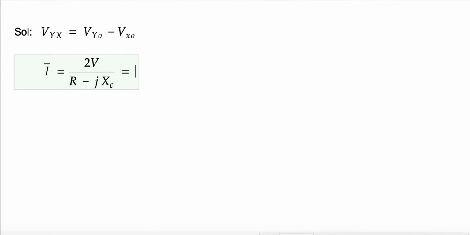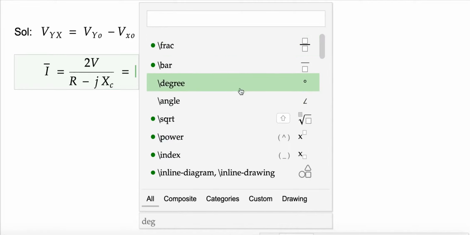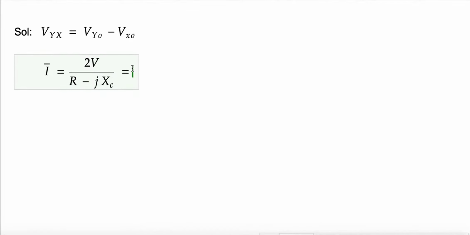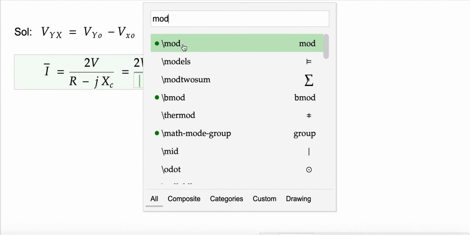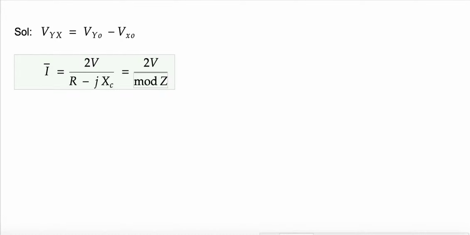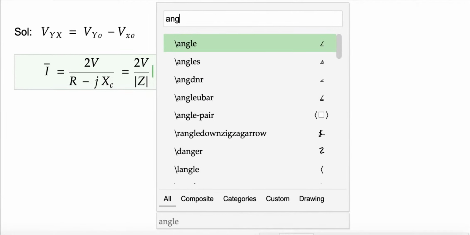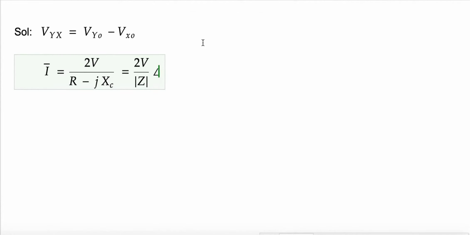If you want to simplify this, using 2V by mod Z at an angle theta, 2V by mod Z at an angle theta.